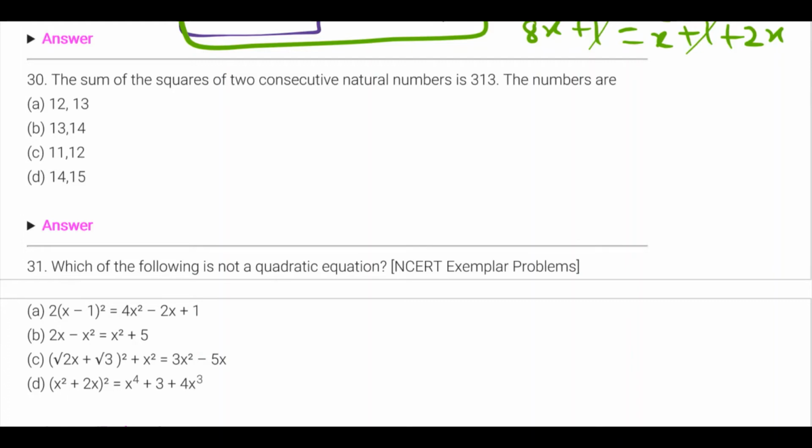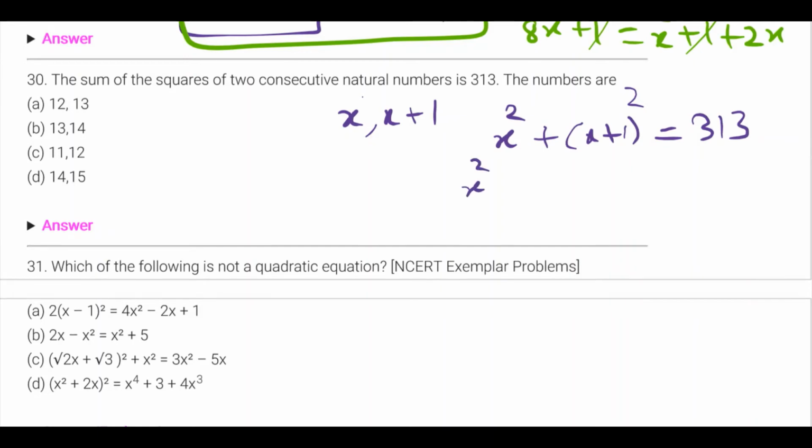Next question. The sum of the squares of two consecutive natural numbers is 313. Then the numbers are. So let's say x comma x plus 1 are two consecutive natural numbers. The sum of the squares is x square plus (x plus 1) whole square equals 313.